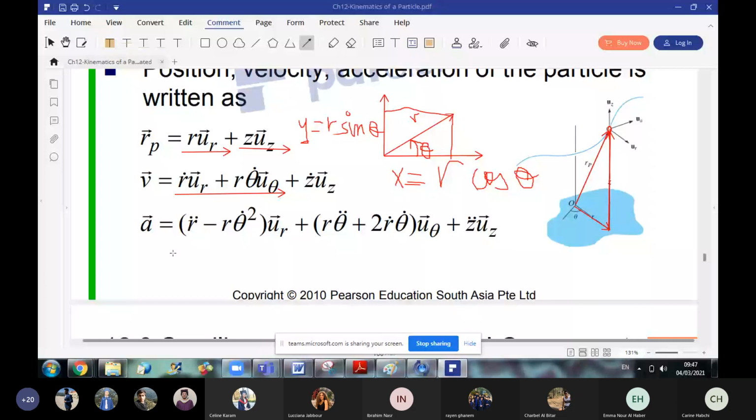I obtain AR, which is the same expression as before, and A theta, the same expression as before. I just add the derivative of this term, and as we said, UZ is constant. So when you derive Z dot UZ, you obtain Z double dot UZ. So in 3D, these are the expressions of V, A, and the position vector.